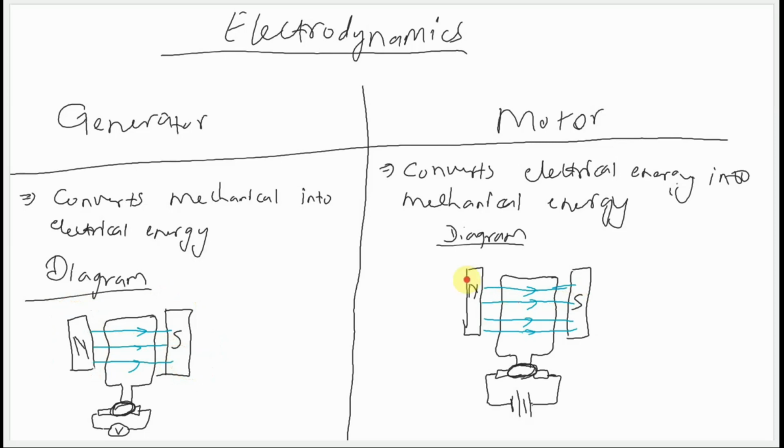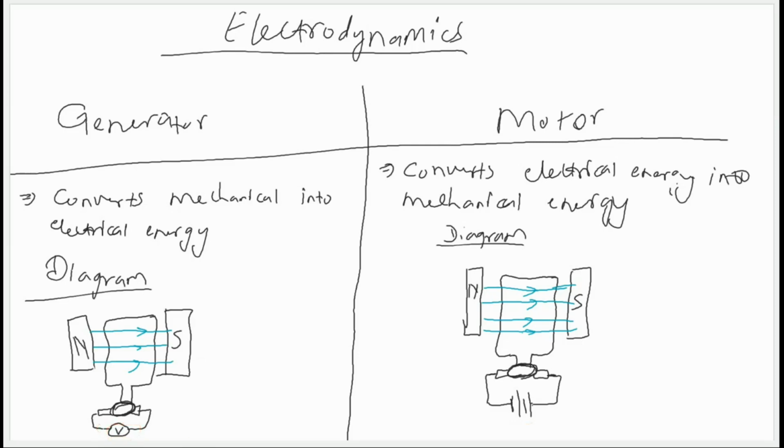So here you can see that this is a loop of a wire. In order for you to see the difference between a generator and a motor, look at the circuit at the end. This is the same for both machines, but at the end of these two machines, for the generator you will have something like a voltmeter.